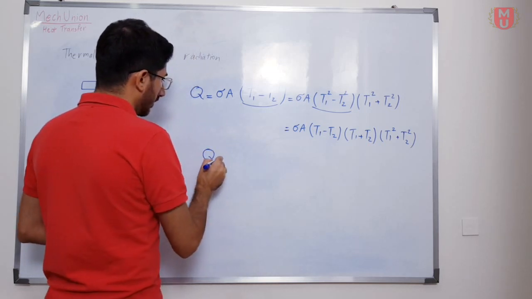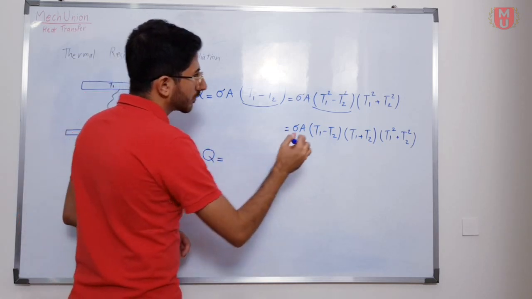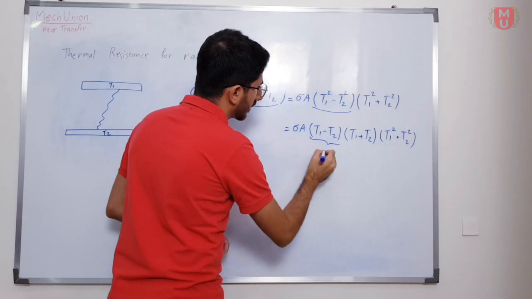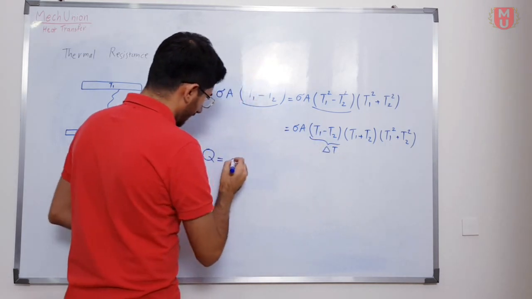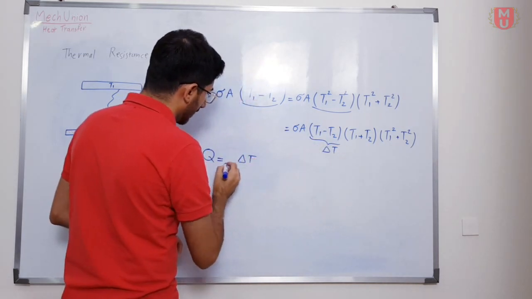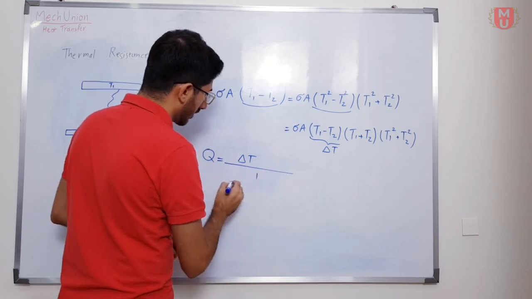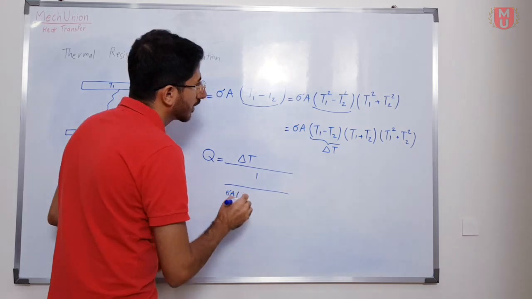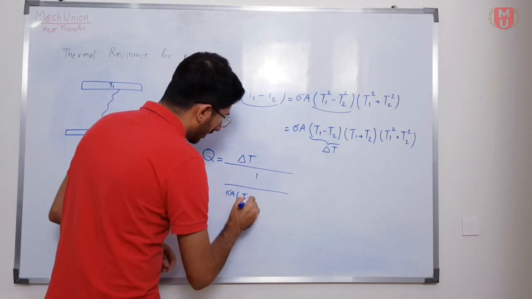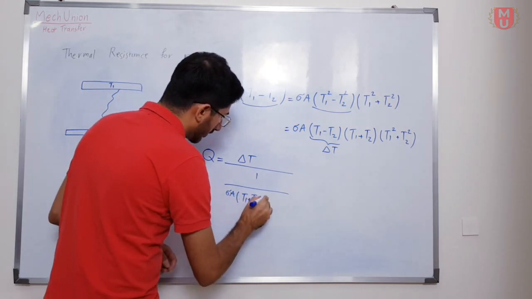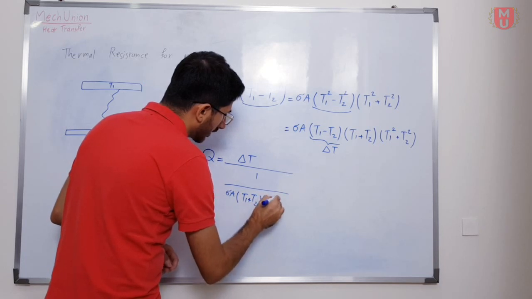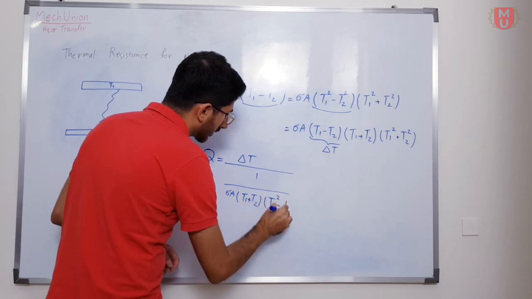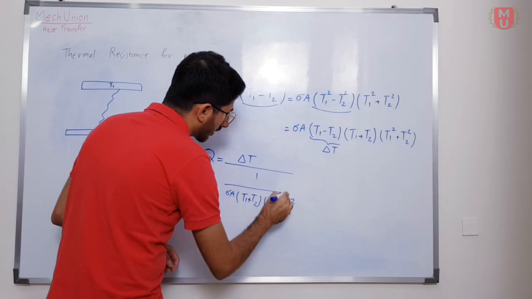And call it delta T. We'll have delta T over 1 over sigma A times T1 plus T2 times T1 squared plus T2 squared.